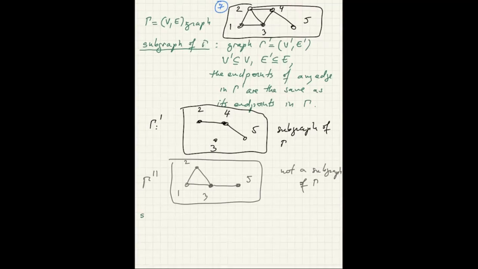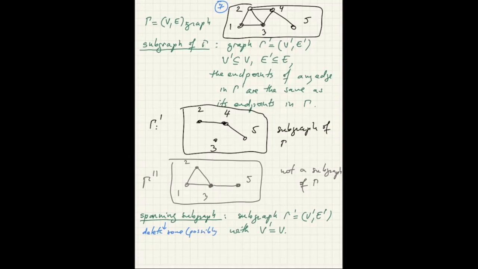Now there are various kinds of subgraph. A subgraph is called spanning if it is a subgraph gamma prime, V prime, and E prime as above, but with additionally V prime being the whole vertex set V. So for a spanning subgraph, you just delete some, or possibly none, of the edges of gamma, and that's how you get a spanning subgraph.